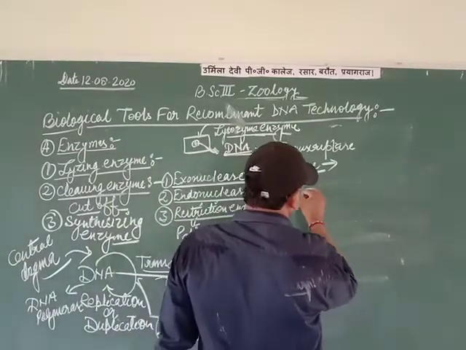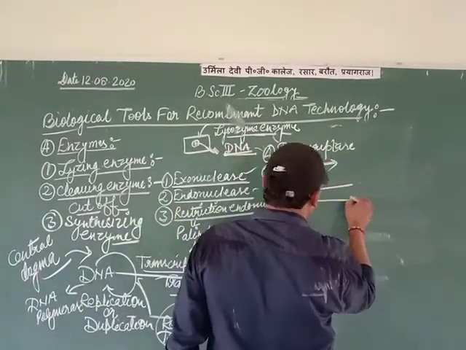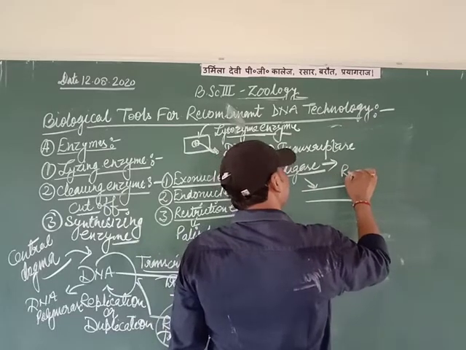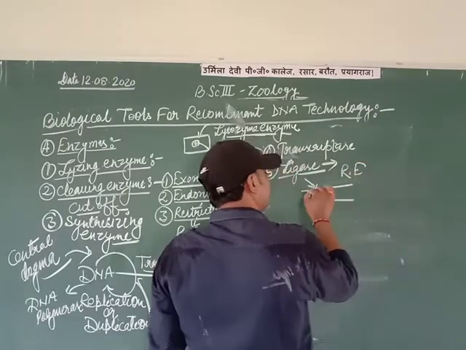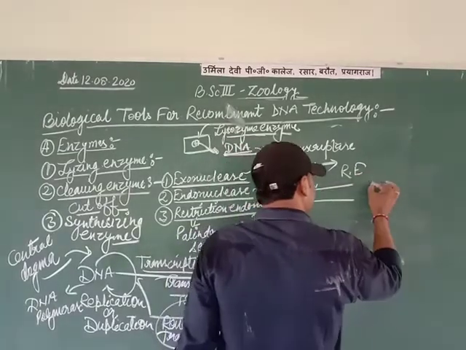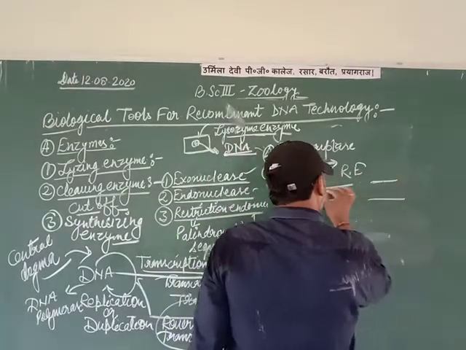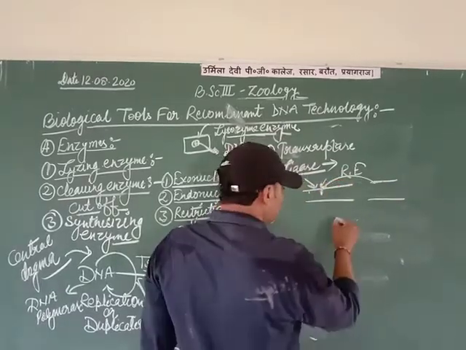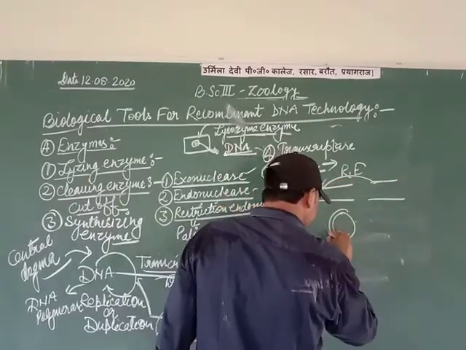Ligation means that when the DNA strand is cut by a restriction endonuclease, another DNA is ligated at this point. These are joined together in the recombinant process.